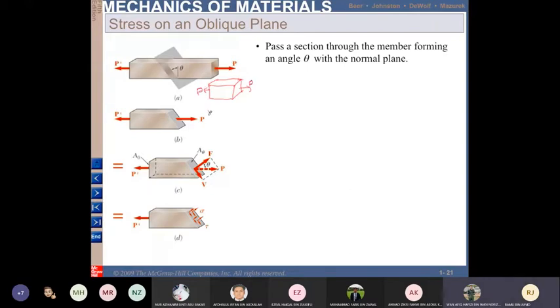So stress equals P over A, because the area is perpendicular to the force, like this. This is your P, this is your area. So it makes 90 degrees. Because cos 90 equal to 1.